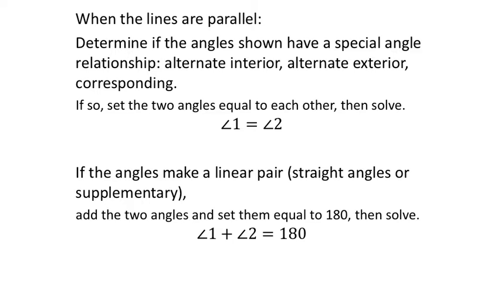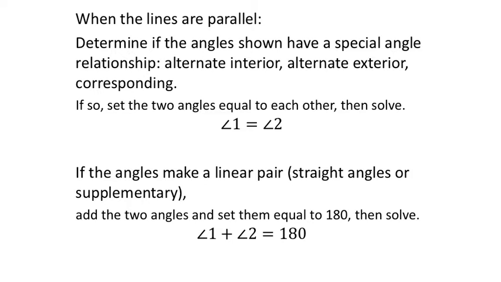But we see that if we have one of those three special angle relationships, alternate interior angles, alternate exterior, and corresponding angles, that we can set the two angles equal to each other. Just, again, be aware that these two angles, they're not just going to be regular numbers or just a letter. You're going to see now expressions, math expressions as these angles.